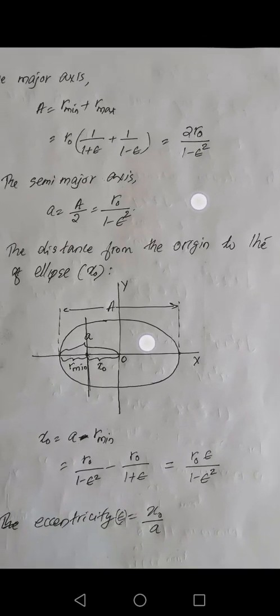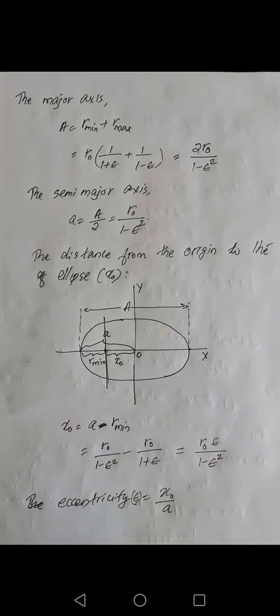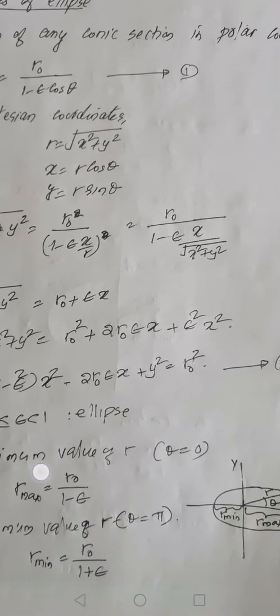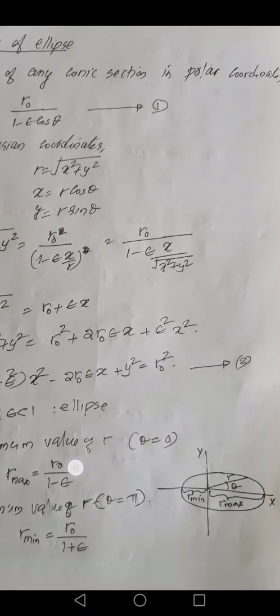Now the major axis. From this figure it is clear that the major axis, that is between these two vertices, is r minimum plus r max. So the major axis, capital A, is equal to r min plus r max.